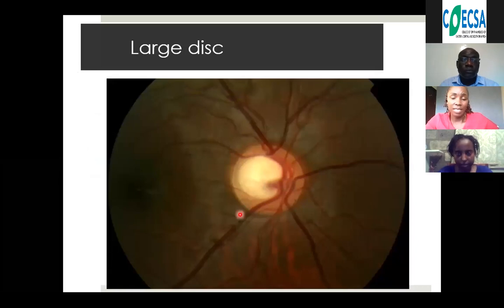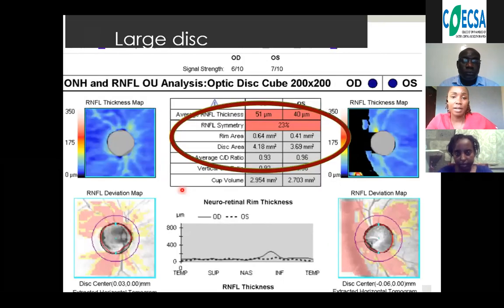Also of importance, especially when we think a patient has physiological cupping, is to look at the size of the disc. The large discs. This disc is so large, it's almost the size of the macula. Now, this OCT represents a patient who has very large discs. Look at the discs, they are 4.18 on the right and 3.69 on the left.